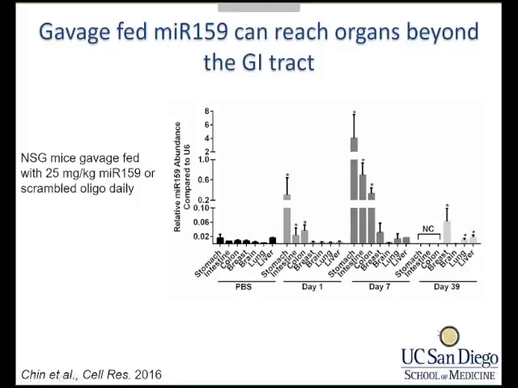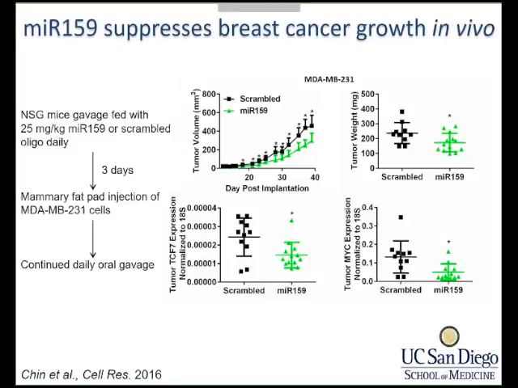And if we wait longer, so this is really a very long commitment, we did our daily oral gavage for over a month, and then we start to detect the microRNA in cells and organs beyond the GI tract, including breast and lung and liver, these non-GI tract organs. And we were also able to detect miR-159, although at very low level, in the serum, which I will show later, after I tell you what happened with the tumor.